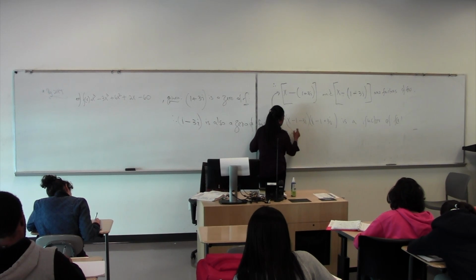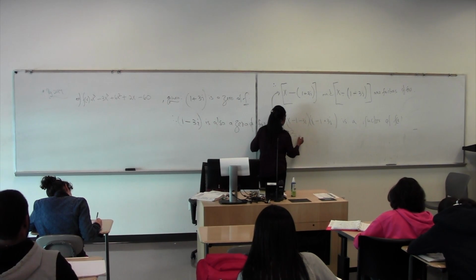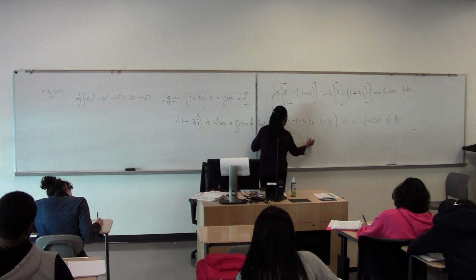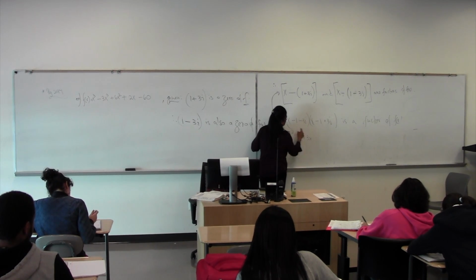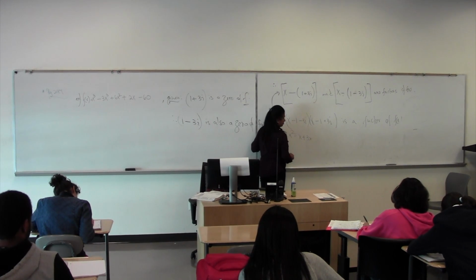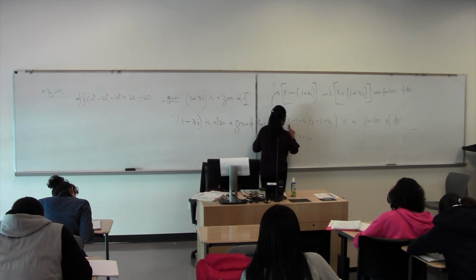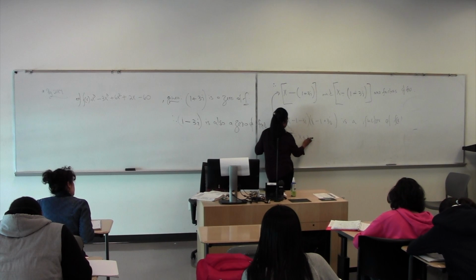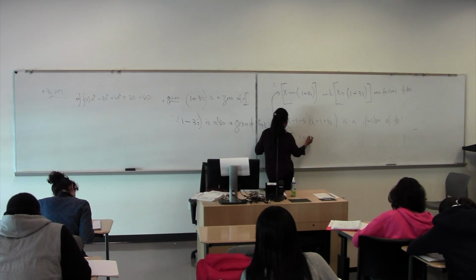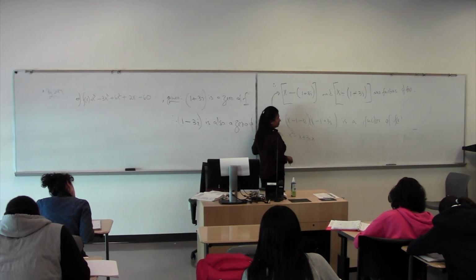So let's multiply these two. x squared minus x minus 3i, right?